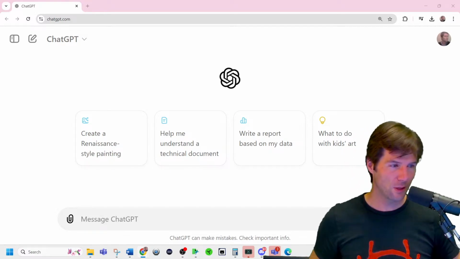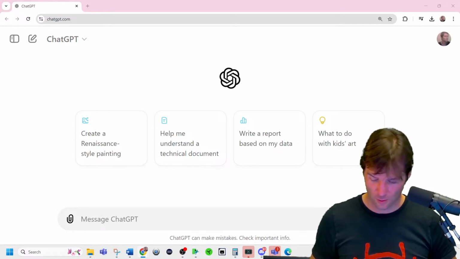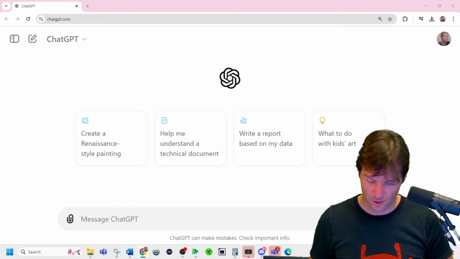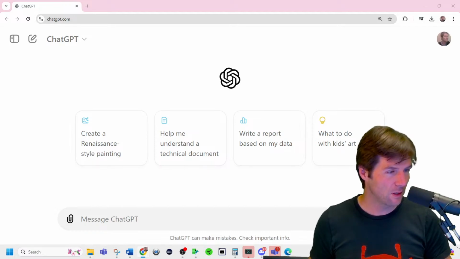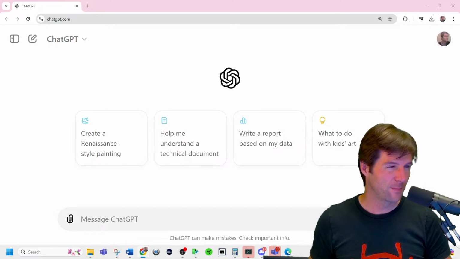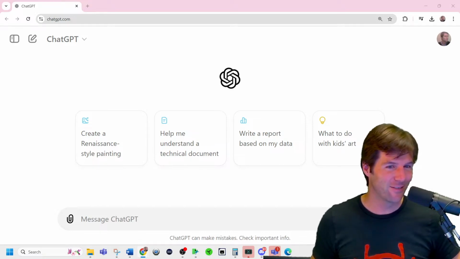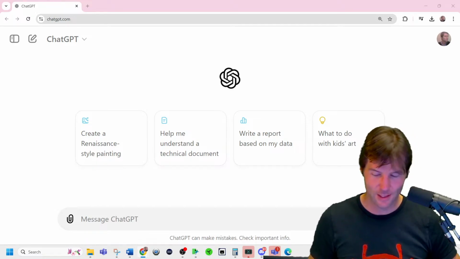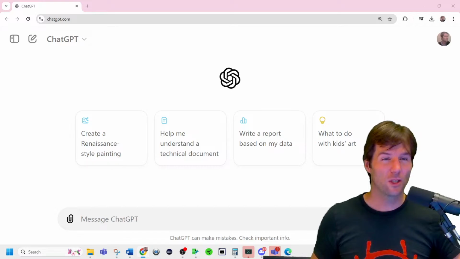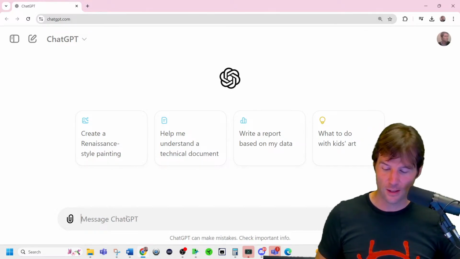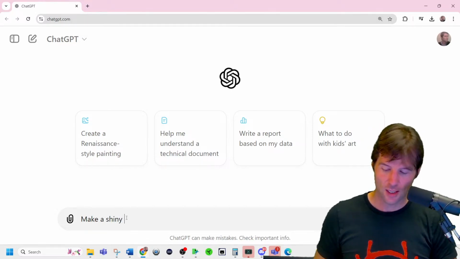So here is what you can do really quickly with code. We got chapter 6 done: investing your money early. Someone's going to see this and be like, investing your money early, what? Okay, so the question, I'm going to take it a little differently and say, make a Shiny app in R for me that does the following.